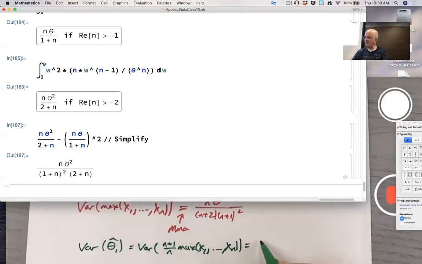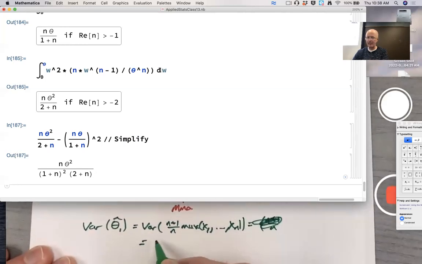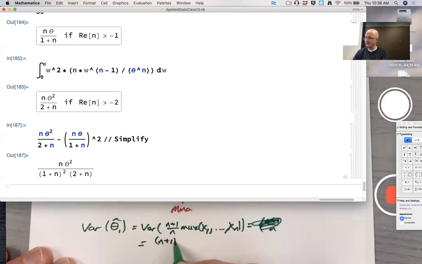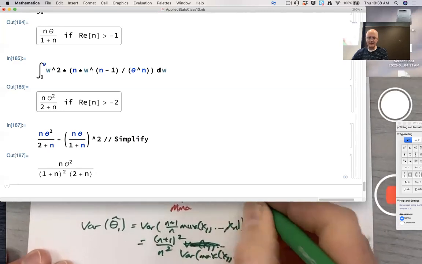Factor out the n plus 1 over n and square it. Get n plus 1 squared over n squared times the variance of the maximum, which we've just found to be this thing.